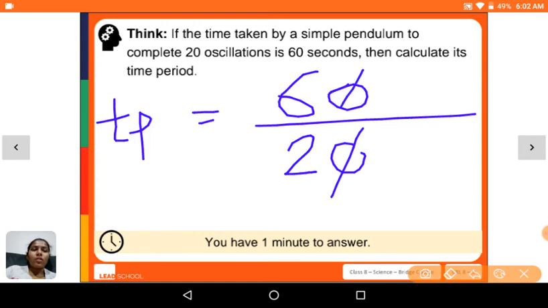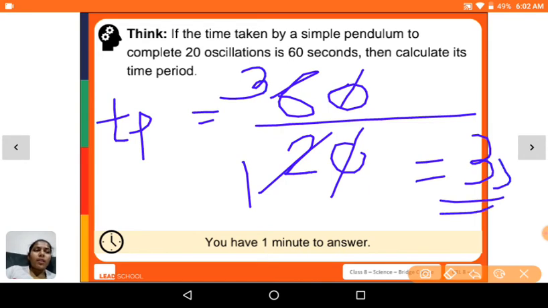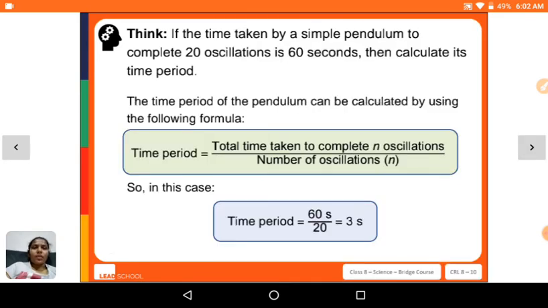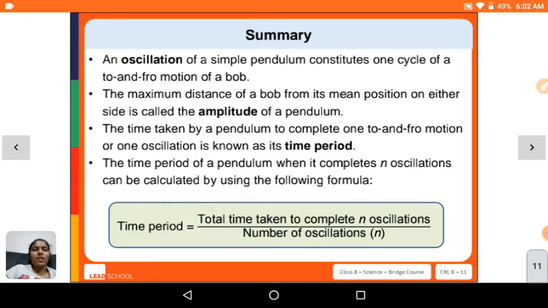So the zeros cancel, and 2 threes are 6. So 3 seconds is taken for the pendulum to complete one oscillation. The time period of the pendulum can be calculated by using this formula. So in this case, time period is equal to 60 seconds upon 20, which is 3 seconds.